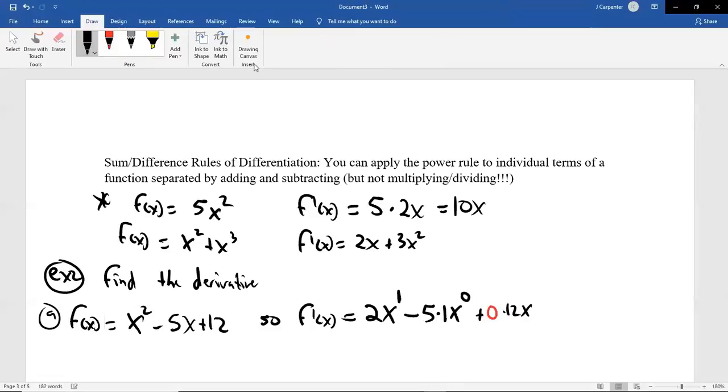And then x to the 0 minus 1 is negative 1. That just seems wacky. Well, it doesn't matter because 0 times anything is 0. So this would be 2x minus 5 times 1 is 5. X to the 0 is 1. So that's just a minus 5. And then plus 0 times anything is 0. So we get 2x minus 5, which is correct.